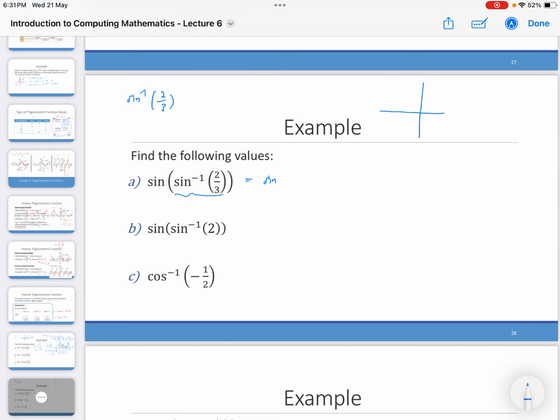Let's draw the 4 quadrants first, and put all, sine, tangent, cos. The value inside the inverse function is positive, so it's the first and second quadrants. Then we draw the reference angle.